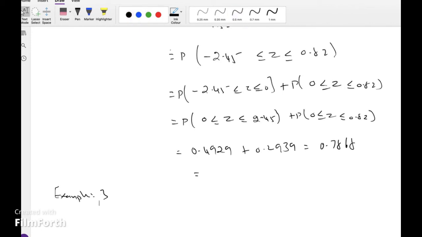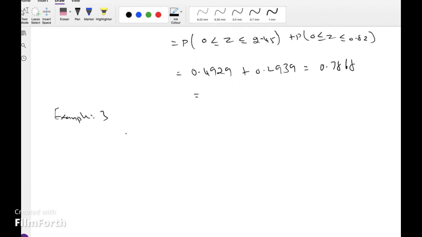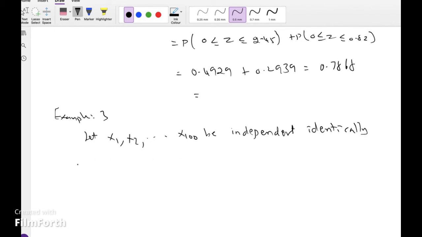Now example 3. Let x1, x2, etc. x100 be independent, identically distributed random variables with mu equal to 2 and sigma squared equal to 1 by 4.